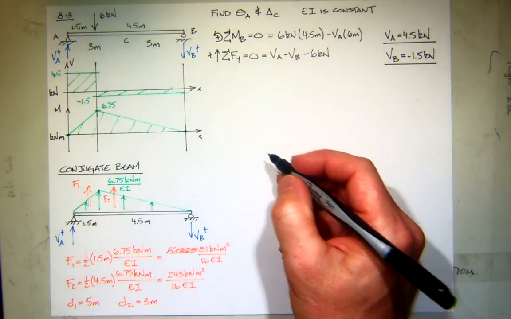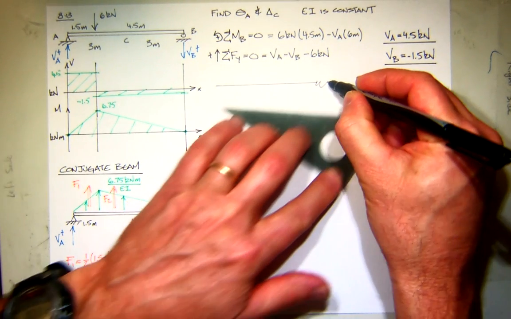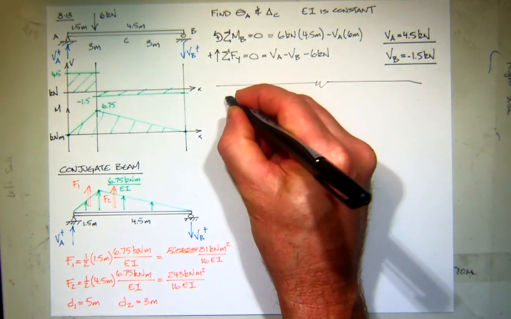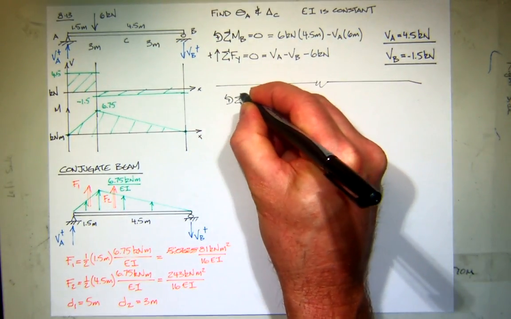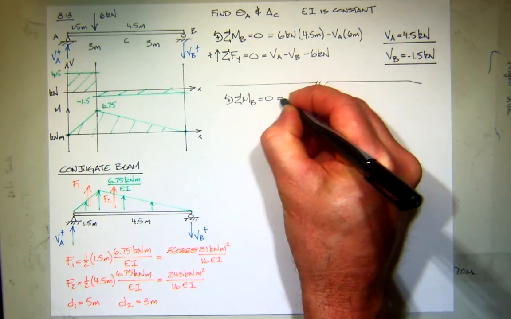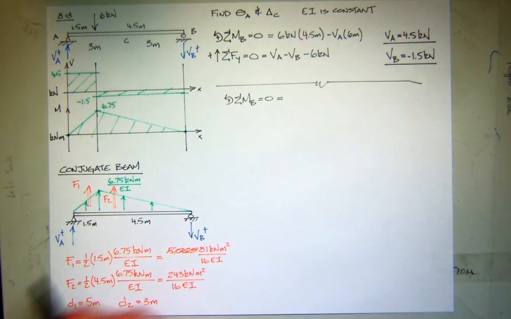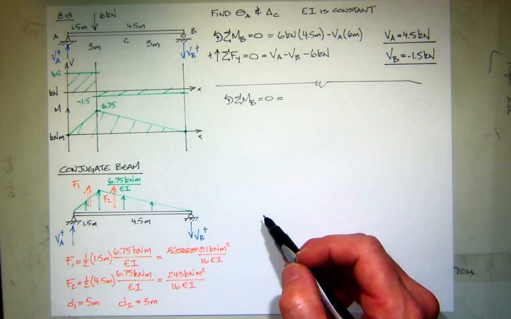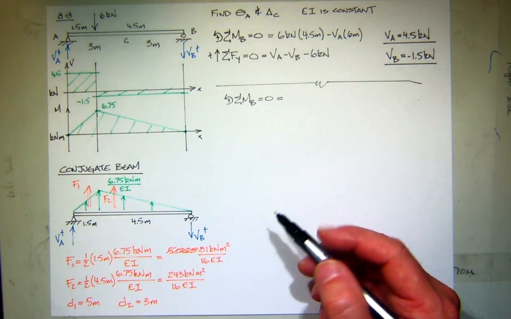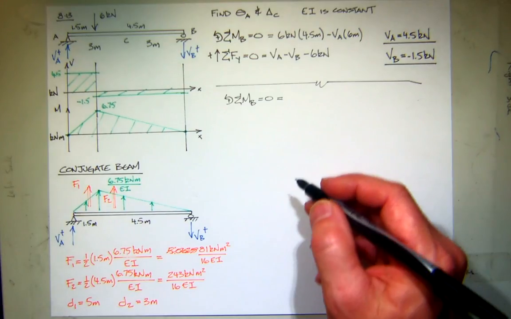So now I'm going to come up here. Let me draw a little line to kind of separate that. This is not a continuation. So for the conjugate beam, I'm now going to sum my moments at B and put an equilibrium. When I sum moments at B, both F1 and F2 and the shear all create what kind of moment about B? Positive or negative? Negative. So I'll just start with F1 and F2 and go that way.